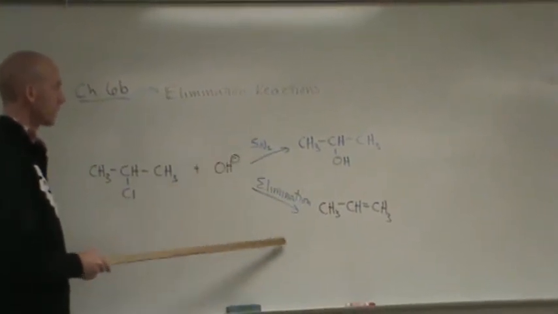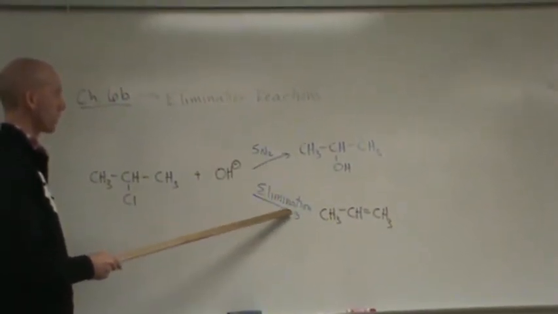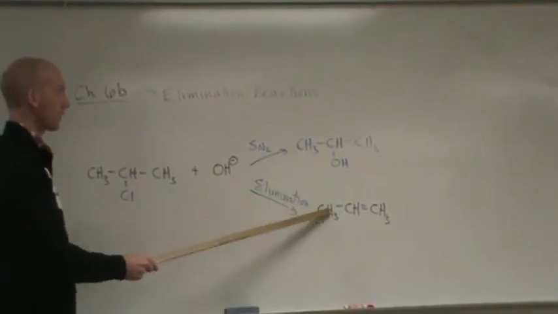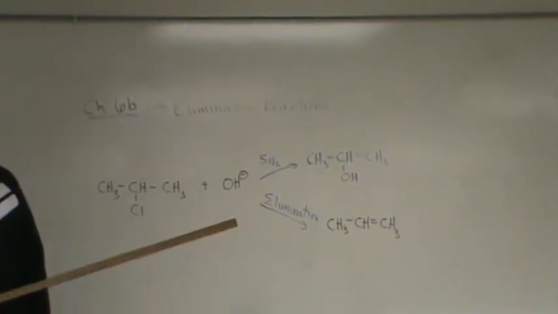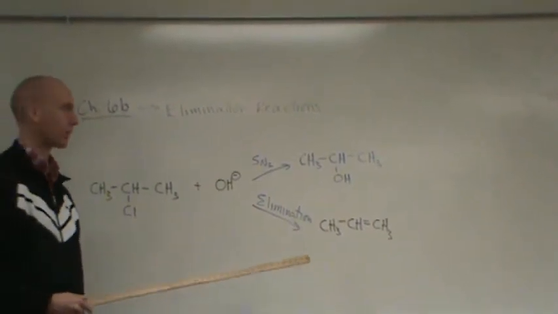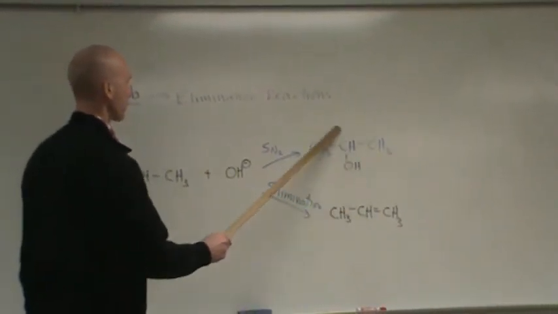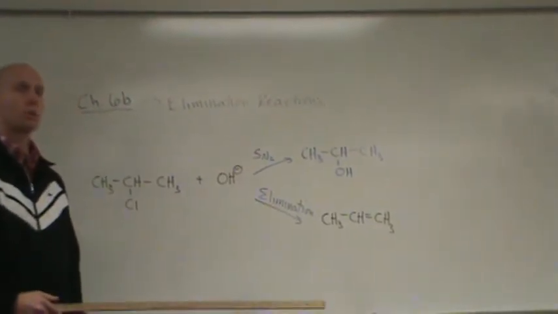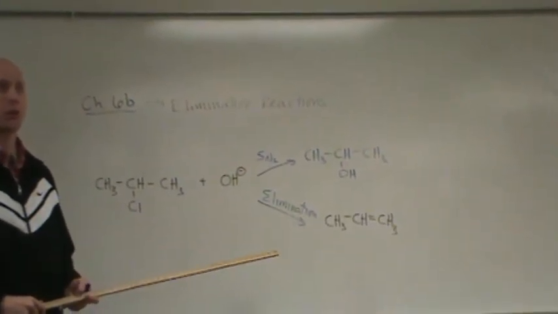So SN2 is substitution and then there's elimination. You might ask, which product do you get? That one or that one? The answer is you end up getting both. You end up getting a mixture of the substitution and elimination. We didn't know that ahead of time, but you know it now.